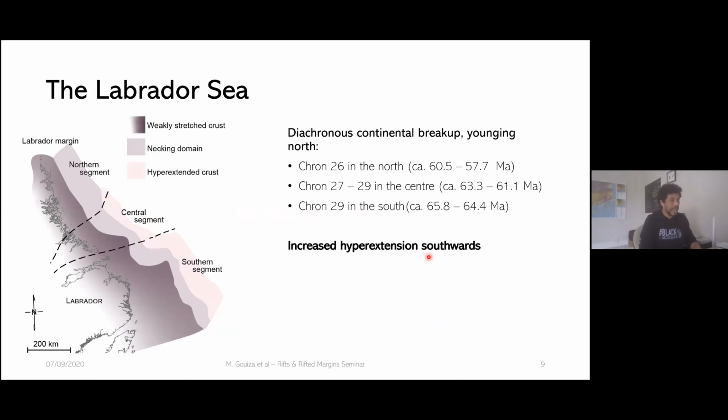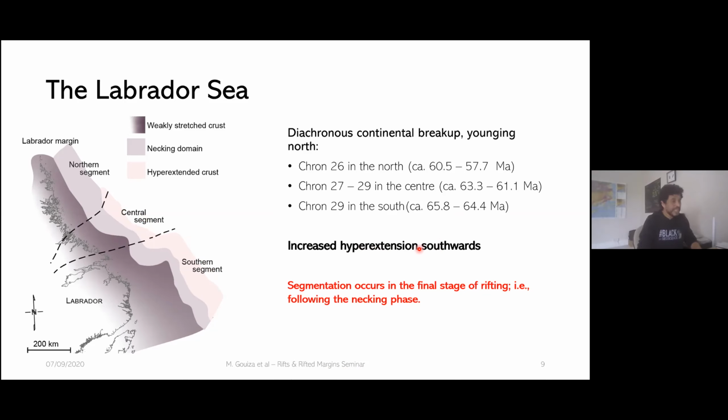In addition to that, we also have segmentation reflected in the coastal architecture of the margin. Basically, what we see is an increased hyperextension towards the south. So overall, we have segmentation expressed by different aspects: first, the change in the amount of hyperextension, the change in the magmatic budget during breakup, and also the change in the coastal architecture that we observe.